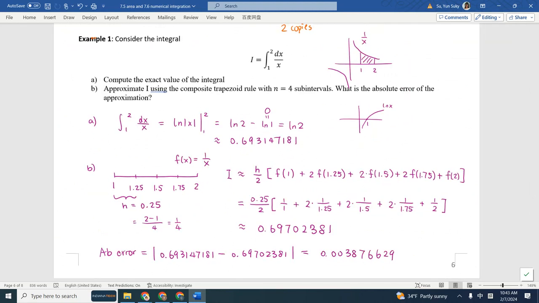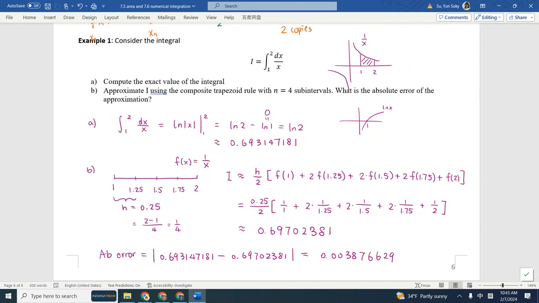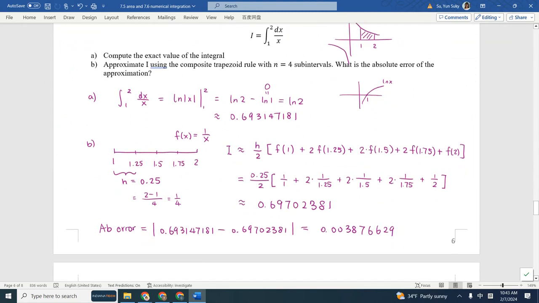Any questions about example 1? All good, everybody? So that is the trapezoid rule, where we use the 2 endpoints to draw a line to draw a trapezoid.